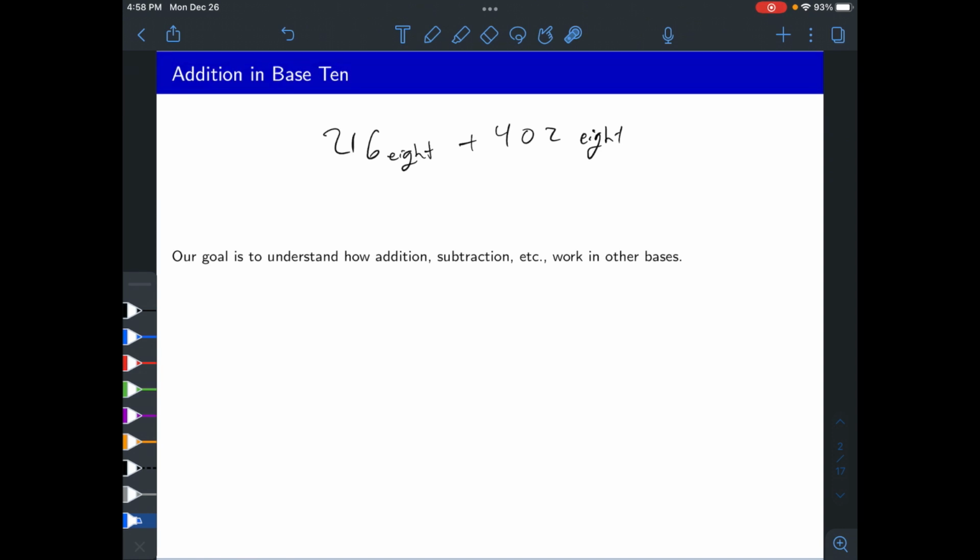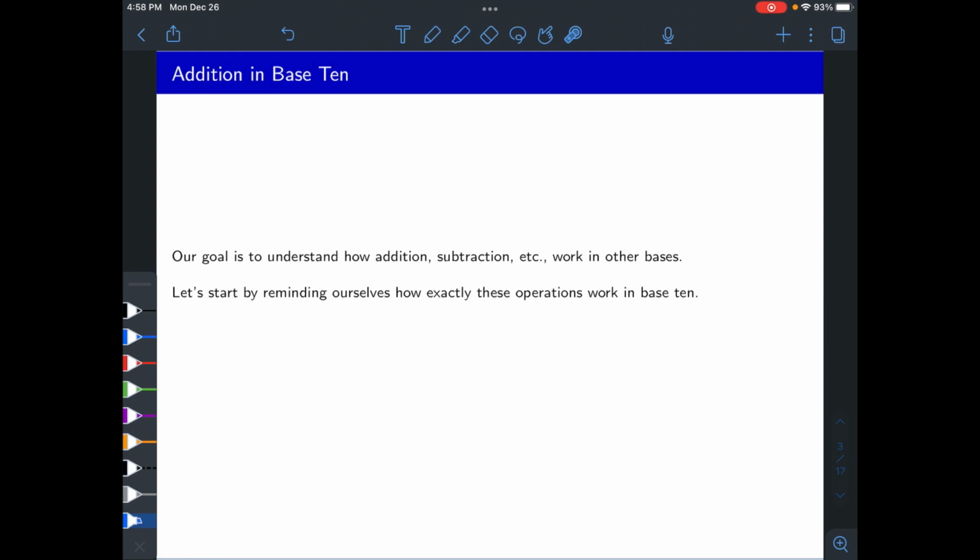But examining the details of those algorithms will inform us as to how we can take this to other bases and make it work for those as well. Okay, so let's remind ourselves first how these operations work in base 10 and then relate that.